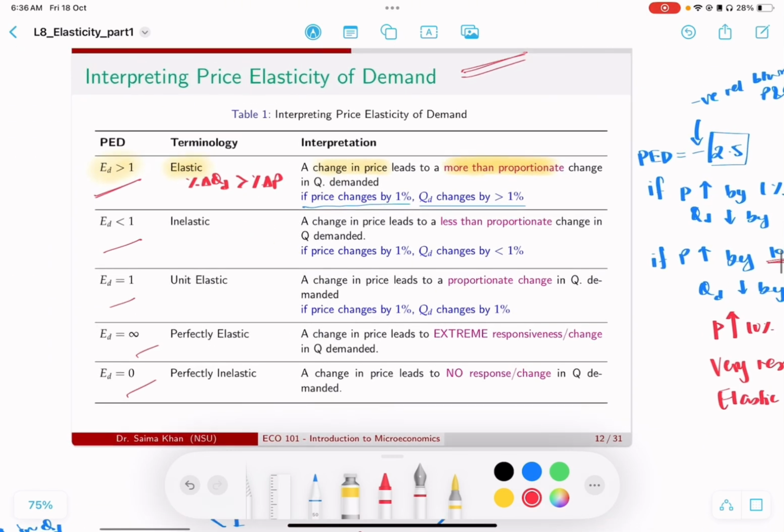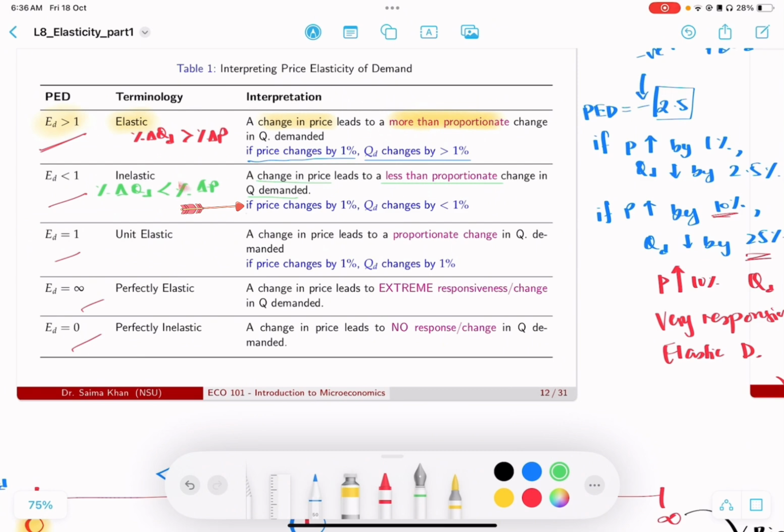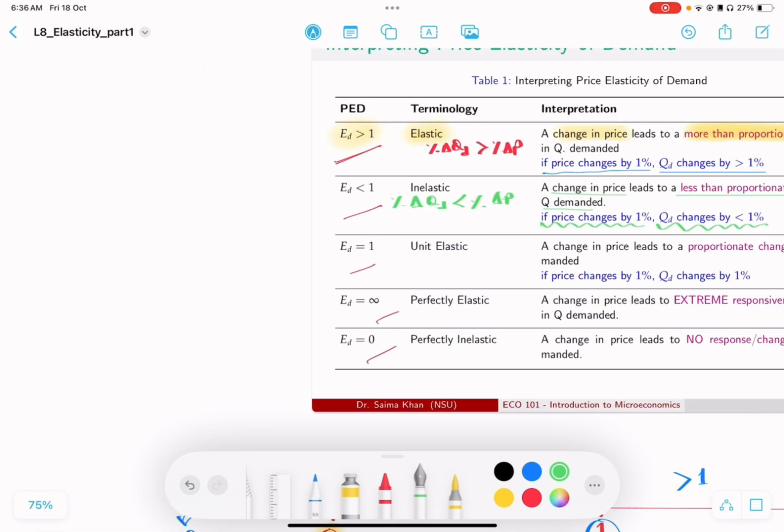Okay. So now let's move on to inelastic. Remember that we had learned that inelastic means percentage change in quantity demanded is less than percentage change in price. This we call a less than proportionate change in quantity demanded due to a change in price. And essentially what it means is if price were to change by 1%, quantity demanded changes by less than 1%. So again, let's just look at an example. Okay, let's say that the elasticity of demand is minus 0.75.